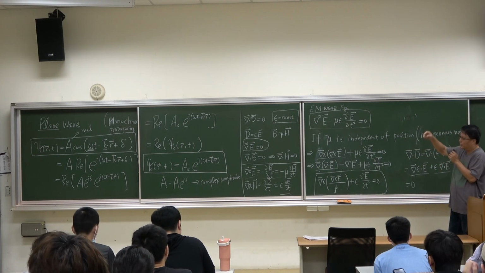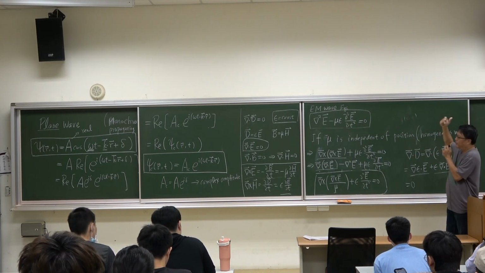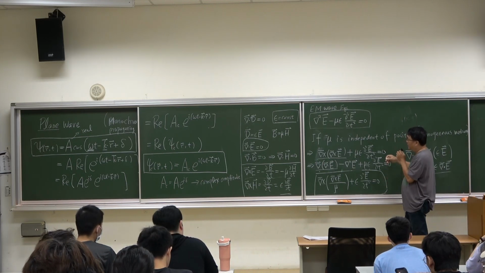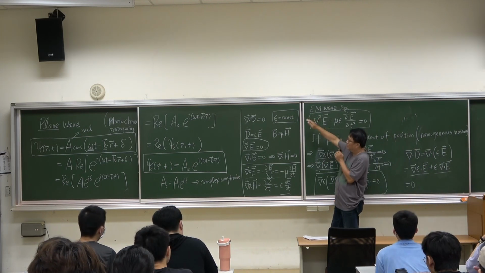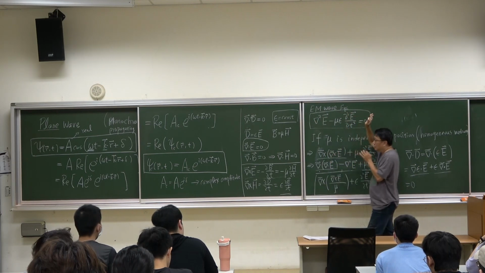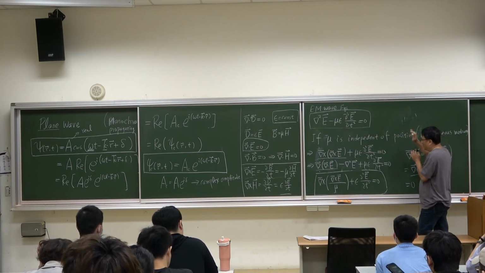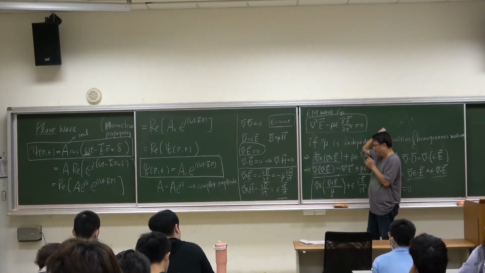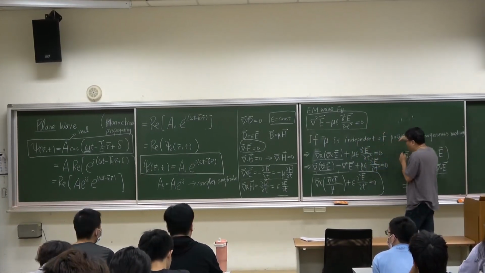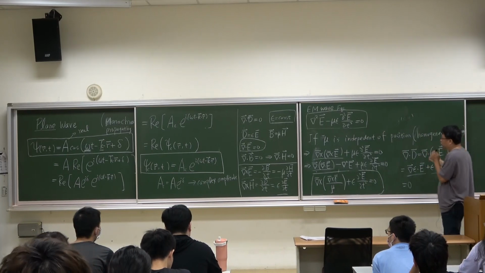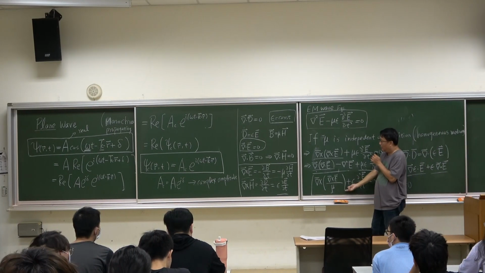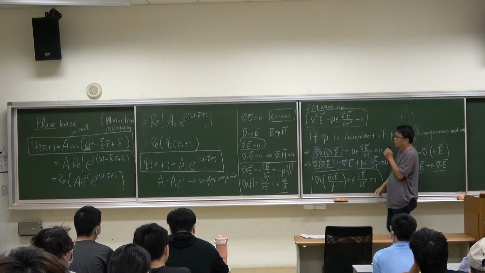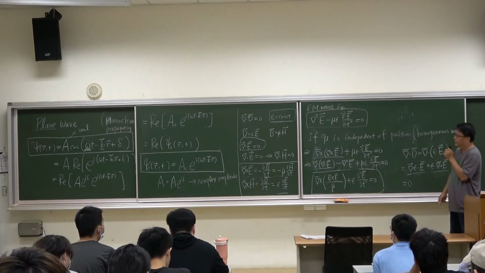Okay, then you get so-called photonic band structure. Okay. In the simplest case that epsilon, mu are both constant, we do not need to consider such complicated situation. Then we obtain this simple result about so-called EM wave equation.